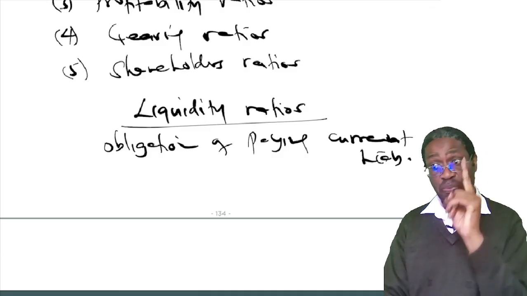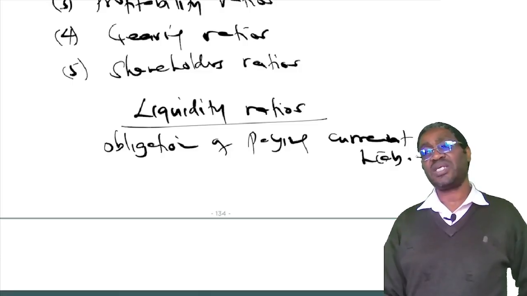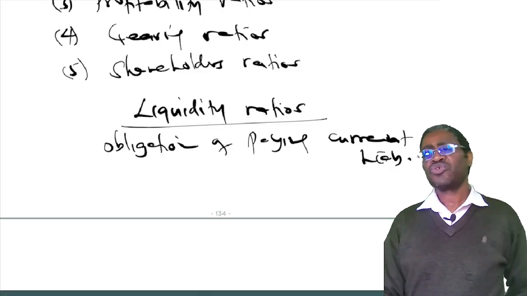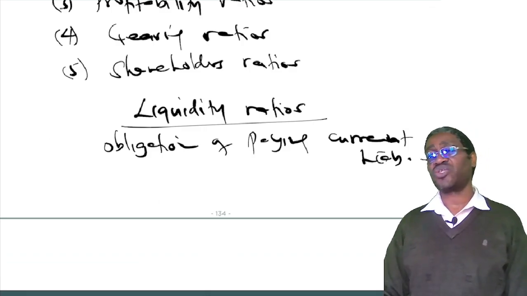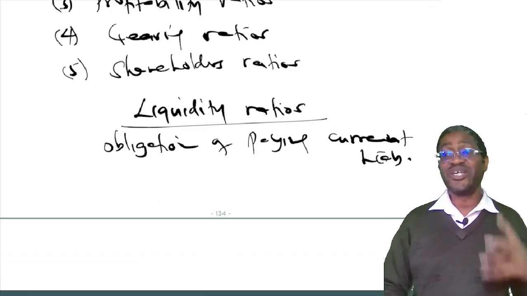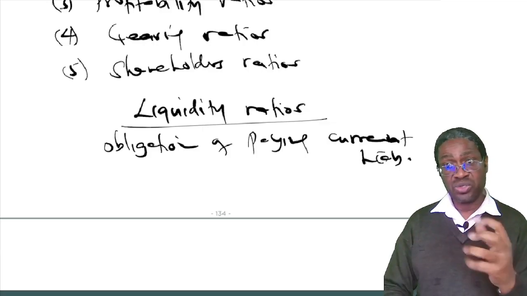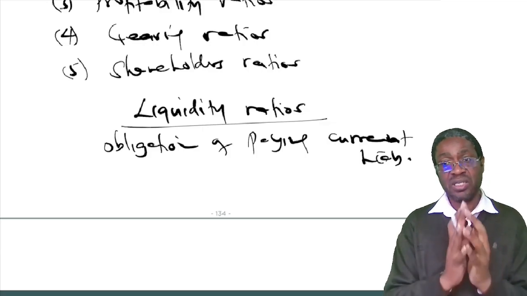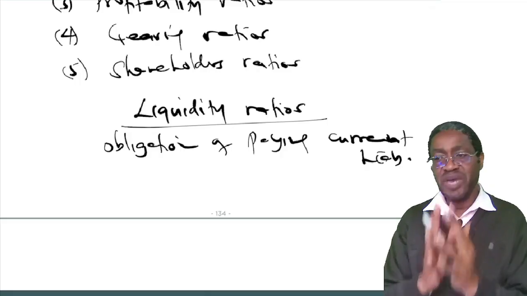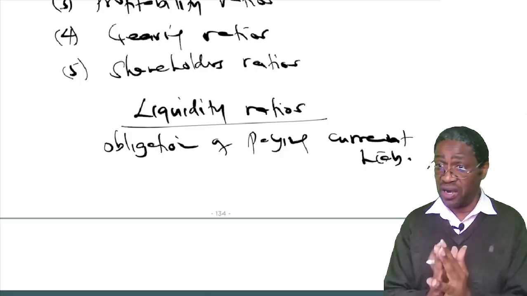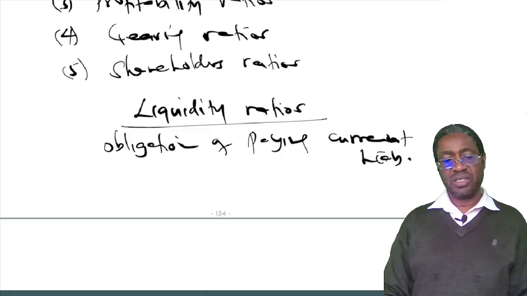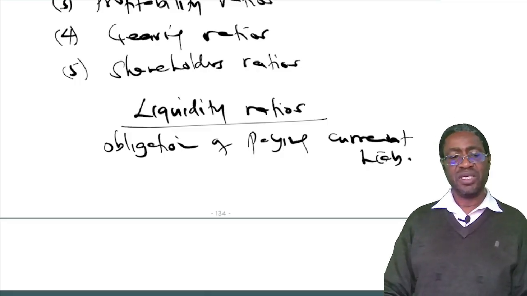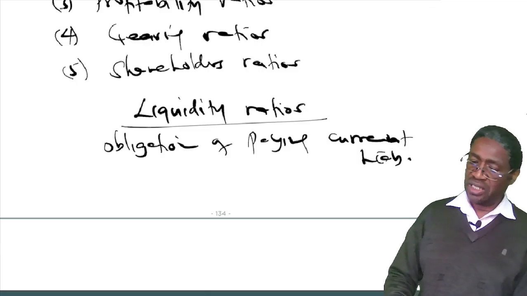Are we able to pay our current liabilities as a company? To know whether you're able to pay your current liabilities or not, you will be required to calculate what we call liquidity ratios. So these liquidity ratios measure the ability of a firm in paying its current liabilities.